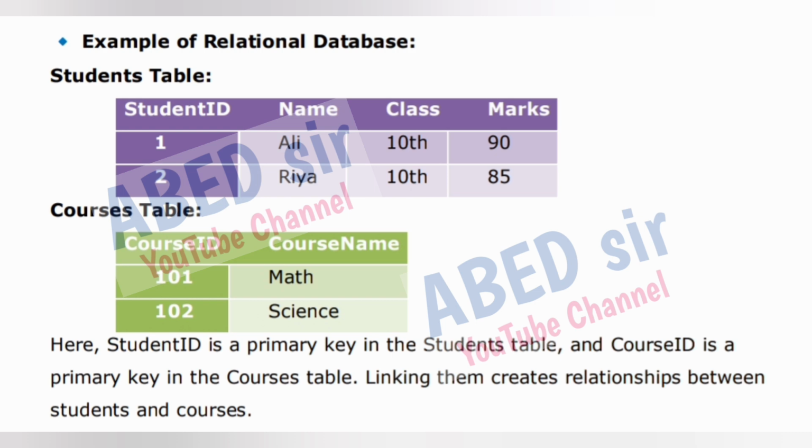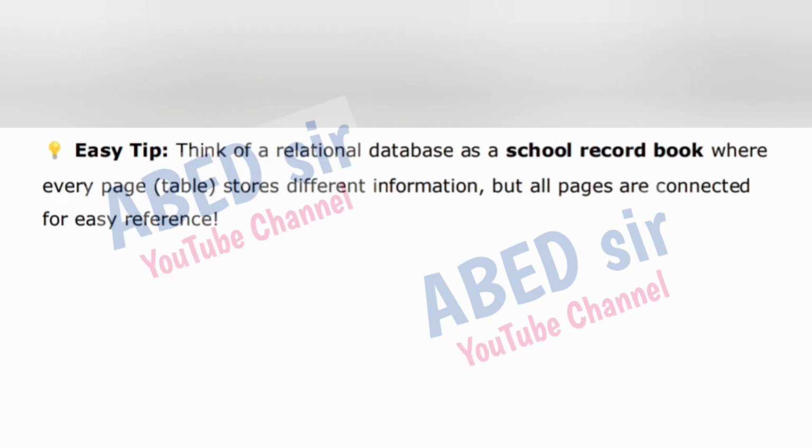Here, student ID is a primary key in the students table and course ID is a primary key in the courses table. Linking them creates relationships between students and courses. Easy tip: think of a relational database as a school record book where every page, or table, stores different information, but all pages are connected for easy reference.